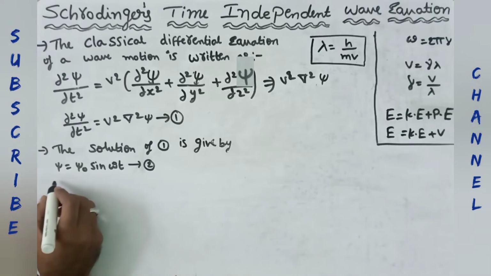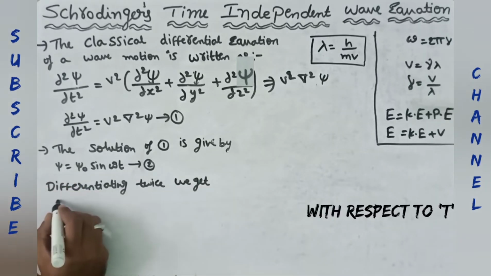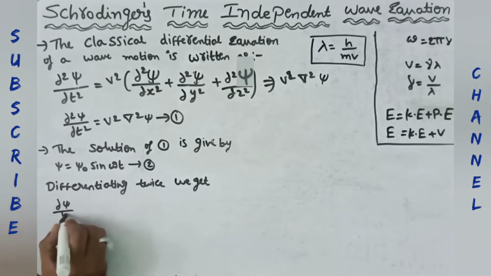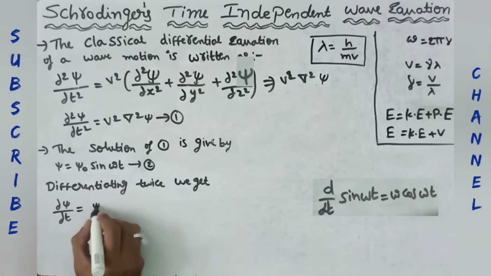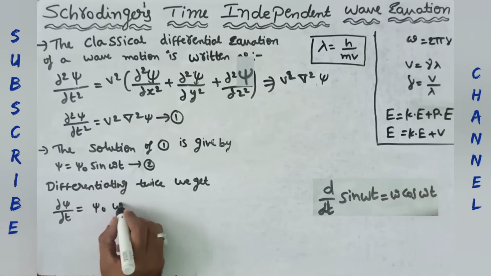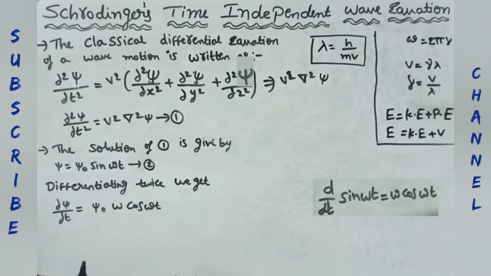Now we are going to differentiate twice. Differentiating with respect to t, dou psi by dou t equals, when we differentiate sin omega t, we get psi naught omega cos omega t. For sin omega t we get omega cos omega t.